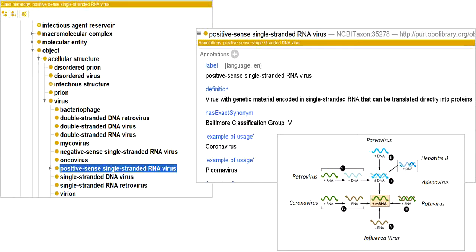Roughly speaking, the Baltimore classification is based on the genetic material of viruses and how many steps, you might say, a given virus has to take during the replication process. So for instance, your coronavirus is right under retrovirus. The coronavirus is being positive sense single-stranded RNA viruses.